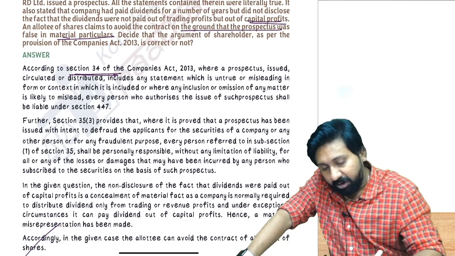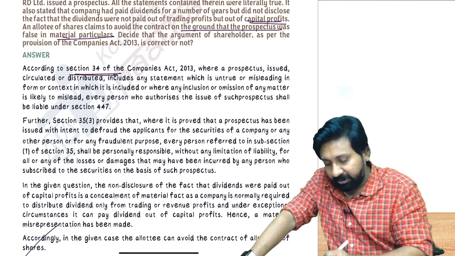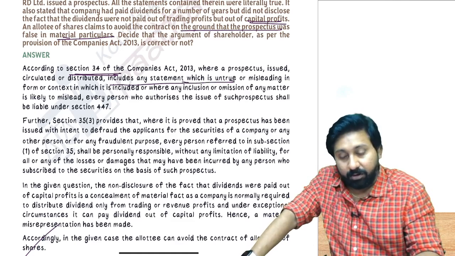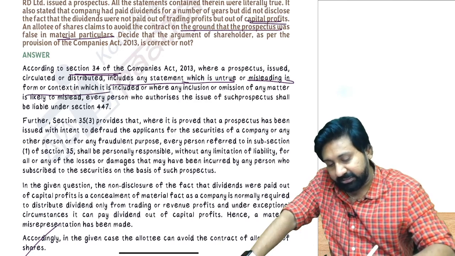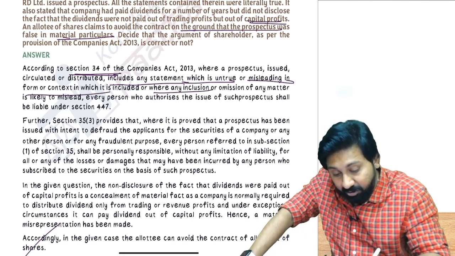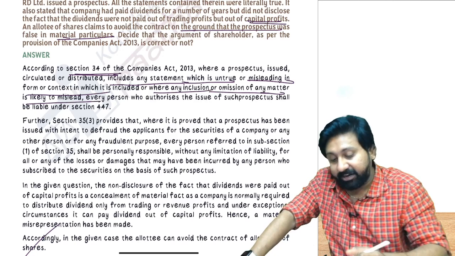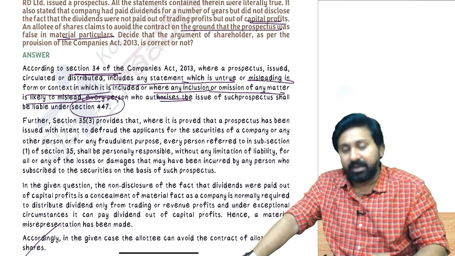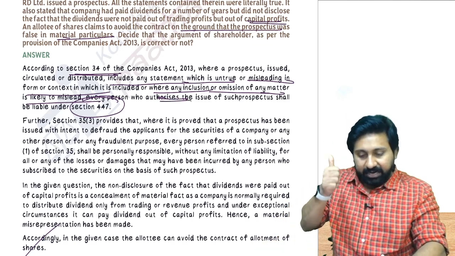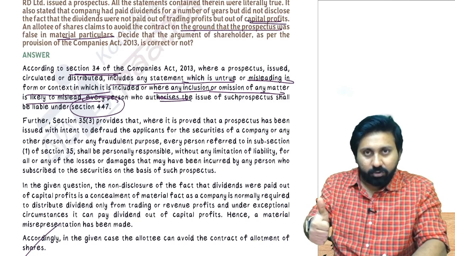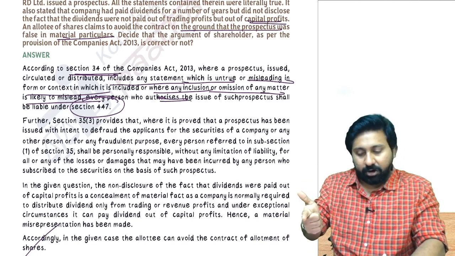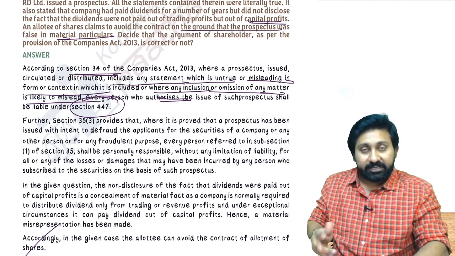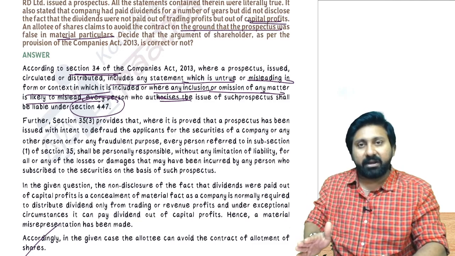According to Section 34, where a prospectus issued, circulated or distributed includes any statement which is untrue or misleading in any form or context, or any inclusion or omission of any matter which is likely to mislead, then the person who authorizes the issue will be liable under Section 447.